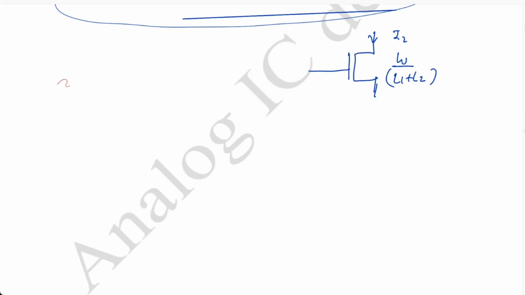Now the second case, we won't prove it, you can try on your own. The only thing you have to do is put the I2 equation as follows. Now the M2 transistor is in linear region.